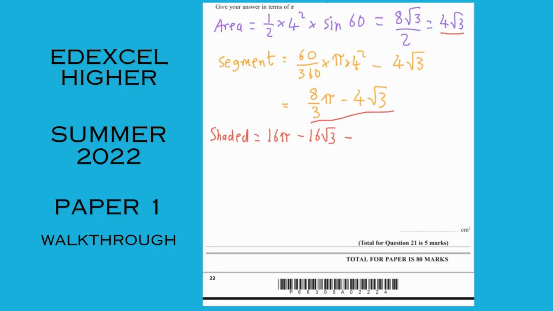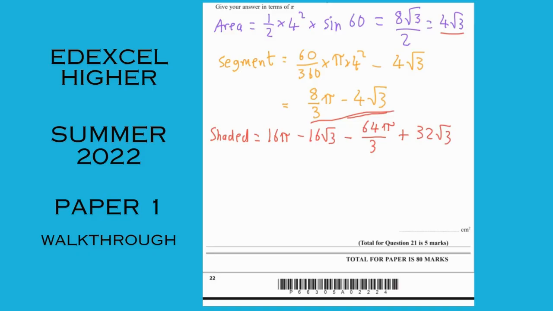So let's times everything through by 8 as we go. And let's also, because the minus, change the sign. So this becomes negative 64 pi over 3. We've times it by the 8. We need to multiply this by the 8. Don't forget we're taking it away. So it becomes minus of a minus, plus 32 root 3.